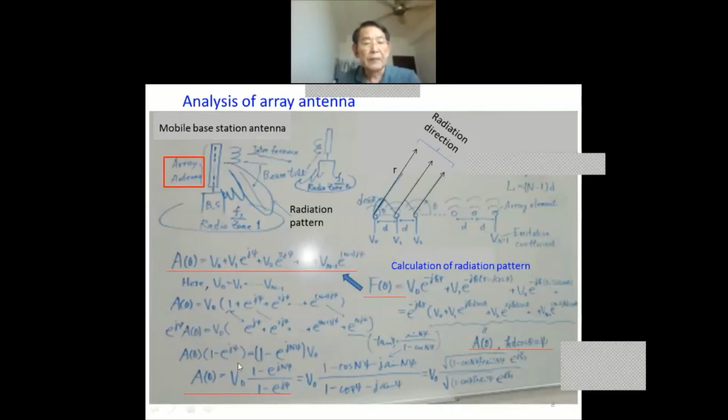So this can be shown like this: A(θ) times (1 minus e^(jφ)) equals this part, which is 1 and the final term. So A(θ) is expressed by this calculation.